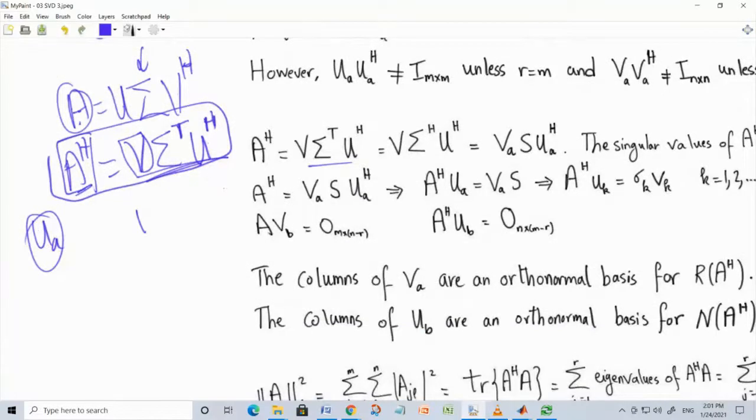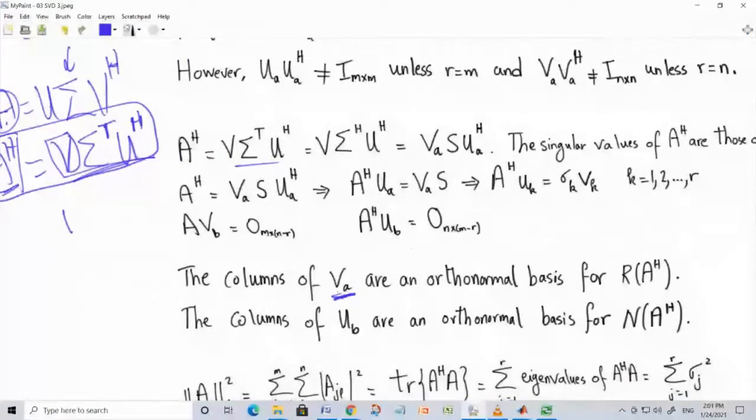Now we can say that the columns of VA are an orthonormal basis for the range of A Hermitian, and the columns of UB are an orthonormal basis for the null space of A Hermitian. So the four fundamental subspaces of matrix A, the range and null space of A and A Hermitian, are given by the matrices UA, UB, VA and VB.